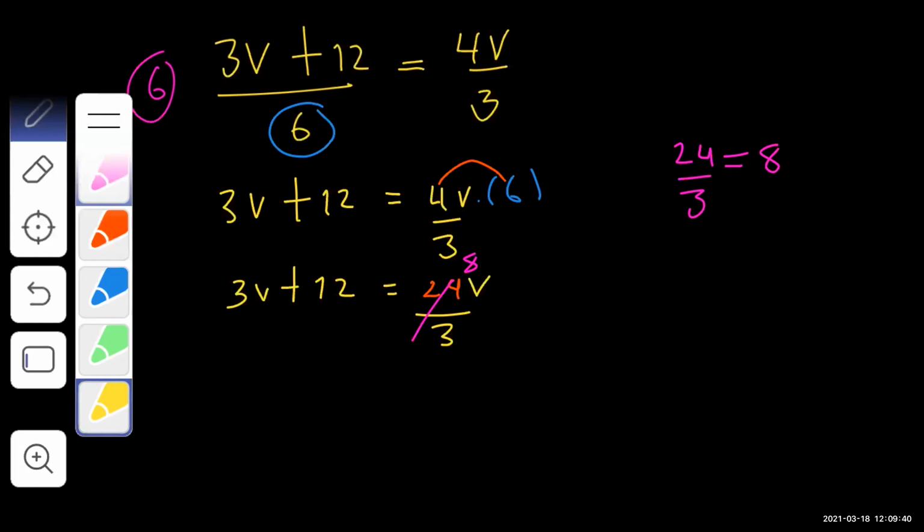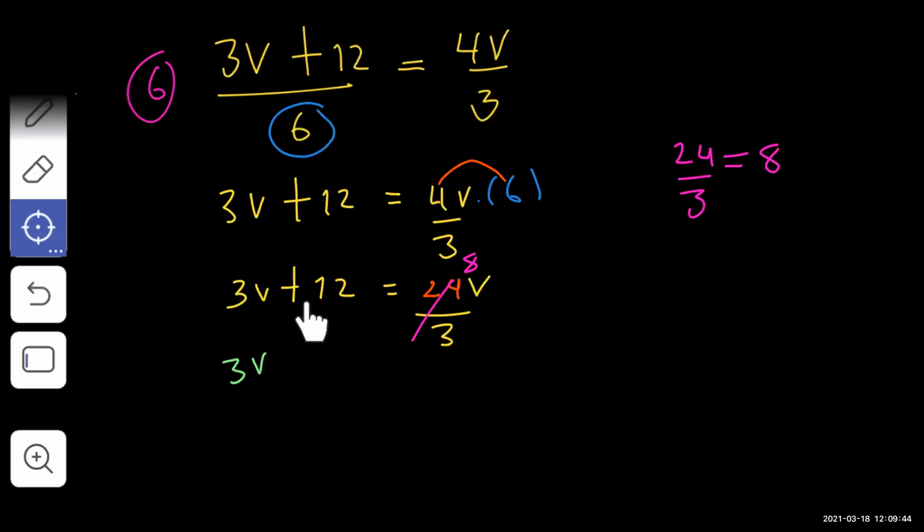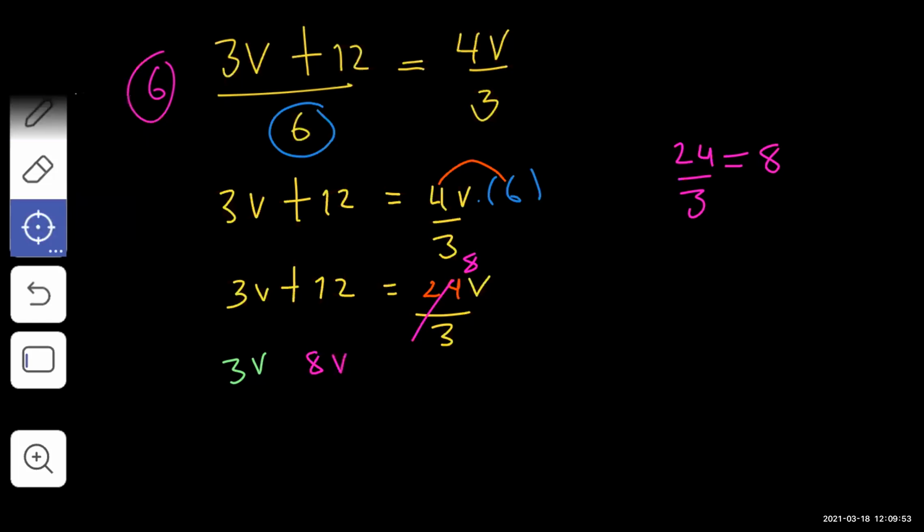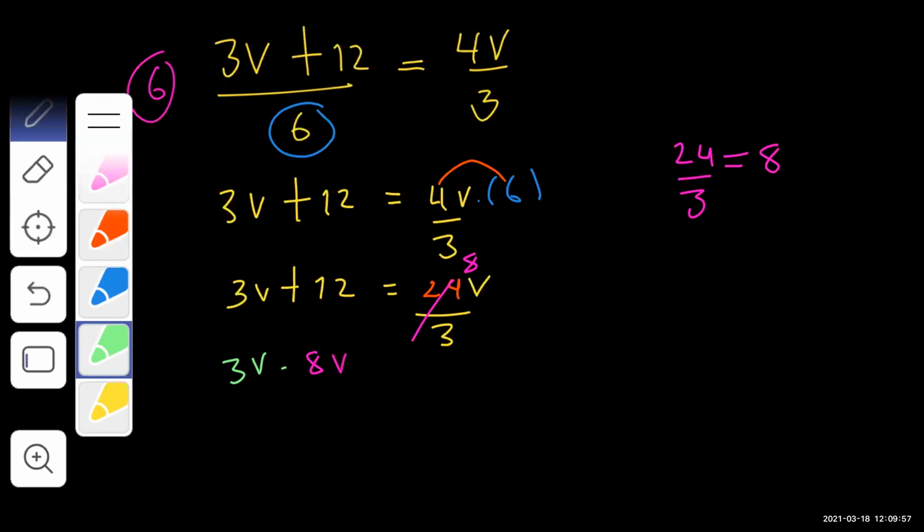Okay, guys, now let's move variables to one side and numbers to the other side. 3b. Do I have another variable, guys? The 8b, right? Instead of 24 thirds, it's 8b. Notice that it's positive, and this side is going to be negative.